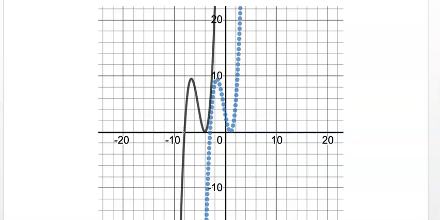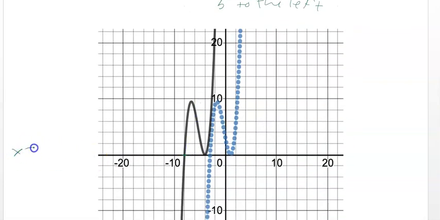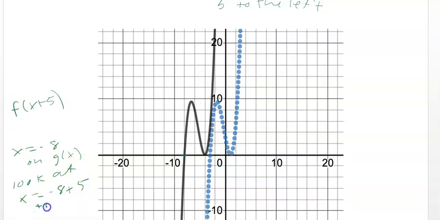I'm sorry, is that -9? That's -8. I would move at x is -8. Where do I want to put my y value for my new function? Well, I go 5 to the right. So I look at, for x is -8 on g, x equals -8 plus 5, because g of x is f of x plus 5, to find the y value.